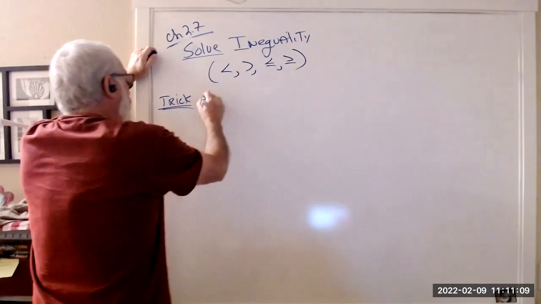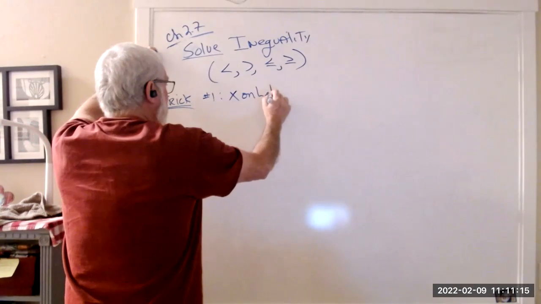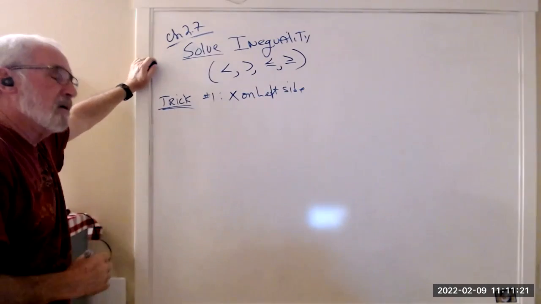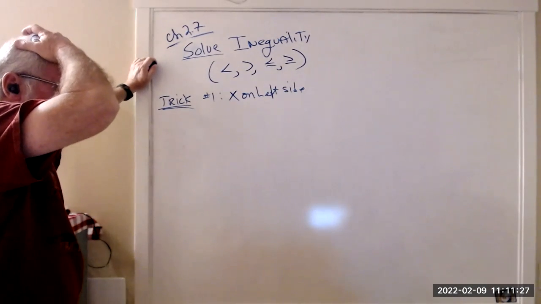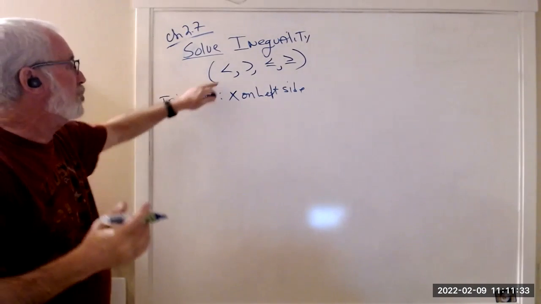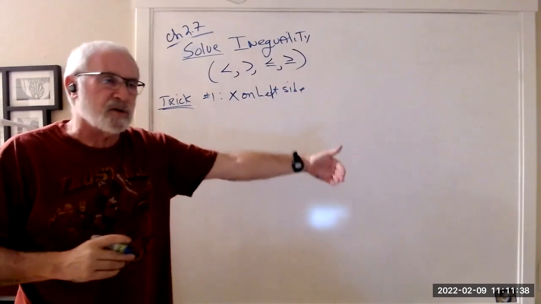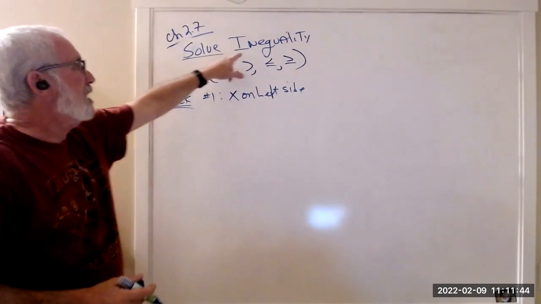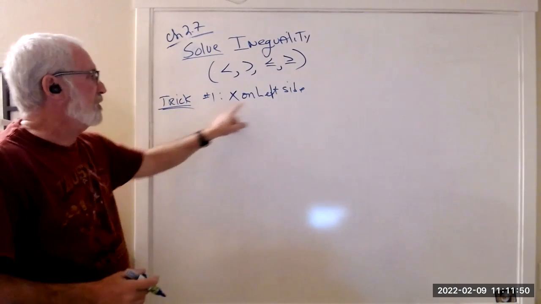There's 2 tricks. Number 1, we want x on the left side. I don't want to say it's a requirement, but it makes all of your answers so much easier. In an equation, remember an equation had an equal sign, we didn't care if x was on the right side or the left side. But for an inequality, it's safer to have x on the left-hand side.